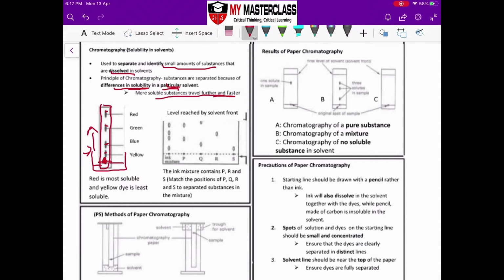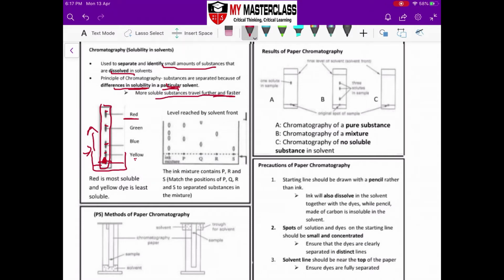In this case, your red dye, which is made from this original ink, is the most soluble because it travels the furthest. Your yellow dye, which is also made up from this original sample that we add in, is the least soluble.